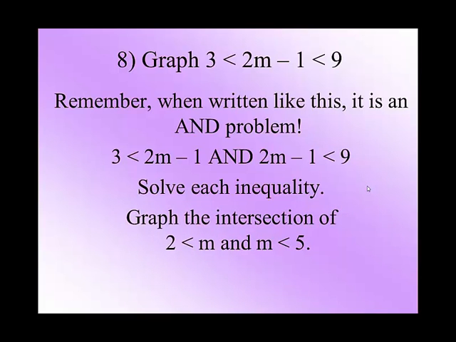So on the left, we would have 2 is less than m, and m is less than 5. When we graph that compound inequality, notice that the open circle at 2 and m is greater than that. Open circle at 5 and m is less than that. So we're looking at the shaded region from 2 to 5.